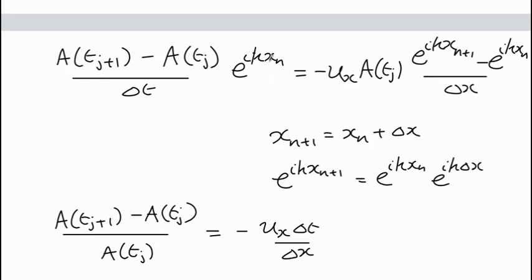We have this e to the ik x_n, which cancels out of both these terms, so this term just gives us an e to the ik delta x. Minus this just cancels to 1, so this term here and this term cancel out.